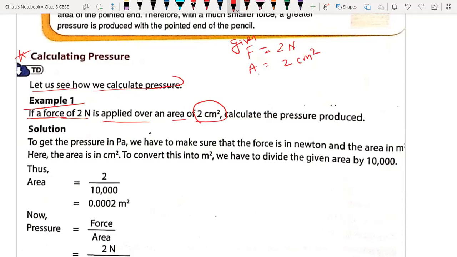See, here we have Newton and the area is in centimeter, so we have to convert that area into meter square because we have the unit Newton per meter square, right? So we have to convert centimeter into meter first. Then we will be able to calculate that.